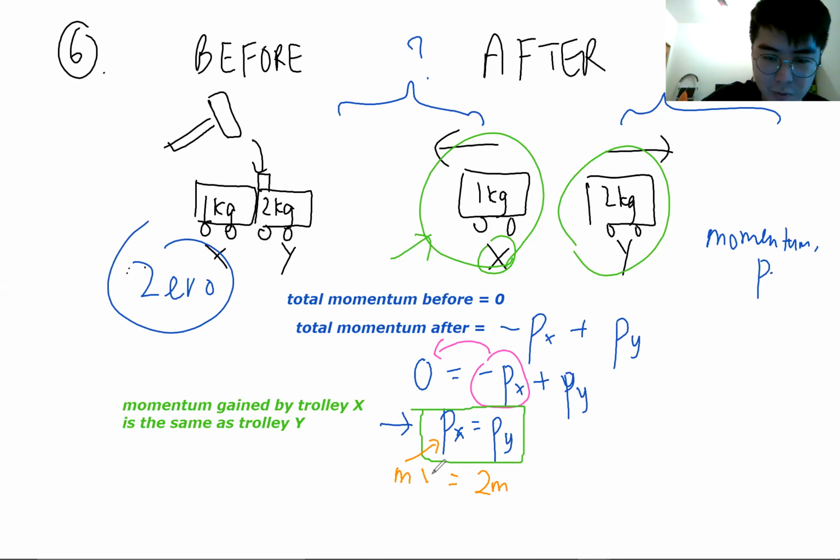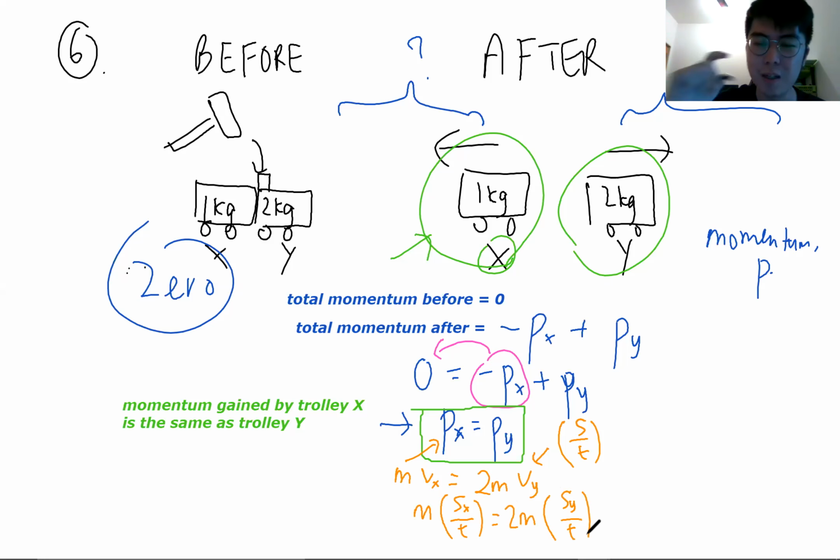Velocity, I write Vx for X and Vy for Y. So from here, you expand the formula for velocity. What is the formula for velocity? Velocity is equals to the distance divided by time. So m, distance of X divided by time, equals to 2m distance of Y divided by time.